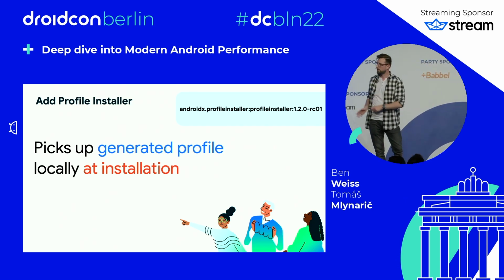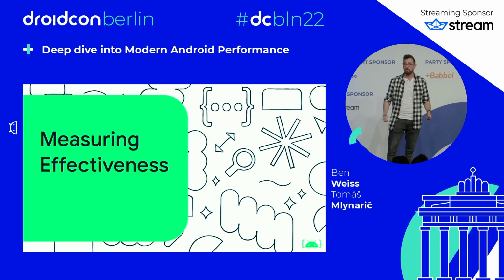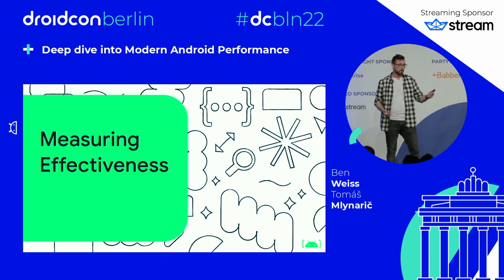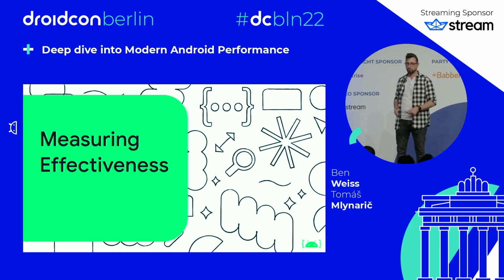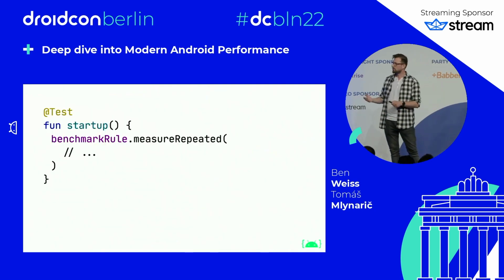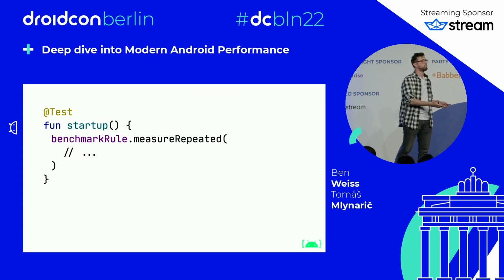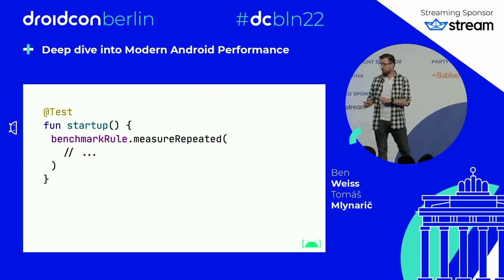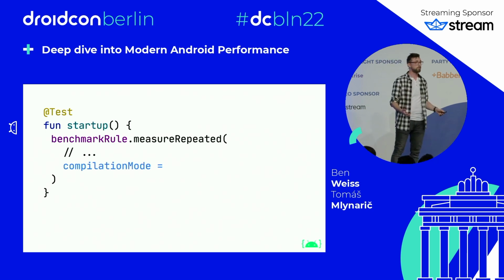All right, so we've added that, and now it's time to measure the effectiveness of our baseline profile. Does it even work? For that, we can still use the same Jetpack Macrobenchmark library, staying within the same module. We just need to tweak the startup test we did before. There's one more parameter we can specify to measure that, and that is compilation mode.